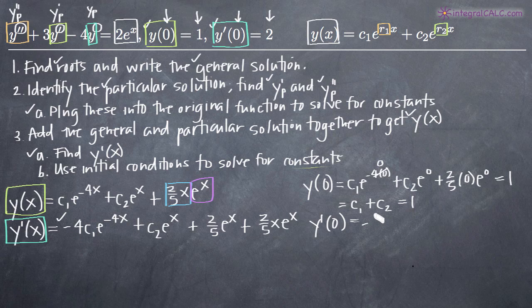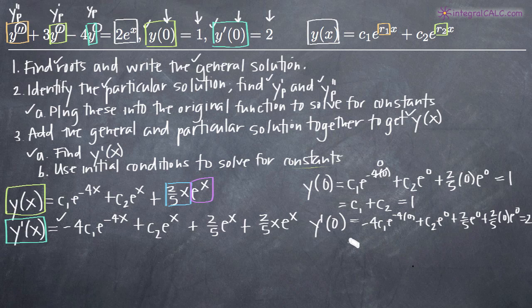So we'll actually get negative 4 c sub 1 e to the negative 4 times 0 plus c sub 2 e to the 0 plus 2/5 e to the 0 plus 2/5 times 0 e to the 0, and that's all going to be equal to 2.